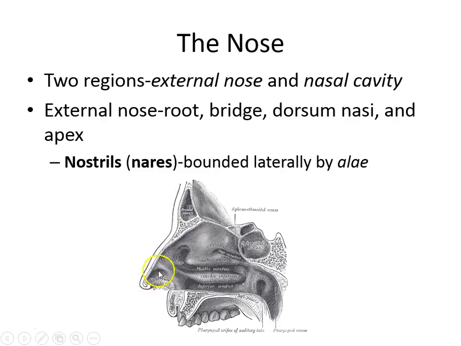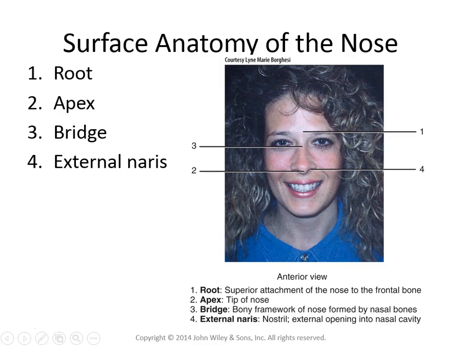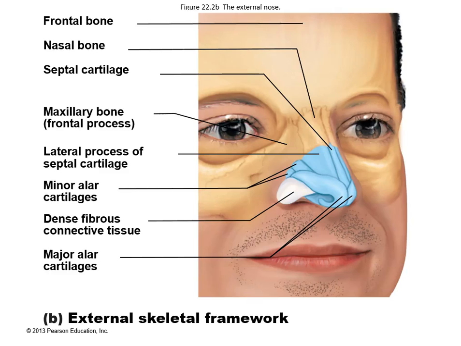At the apex of your nose, you've got your two nostrils or nares, which have your alae, this cartilage, wrapped around the outside. So there's a nice view of the external structures. And here you can see that hyaline cartilage as well as the dense fibrous connective tissue that make up your nostrils.